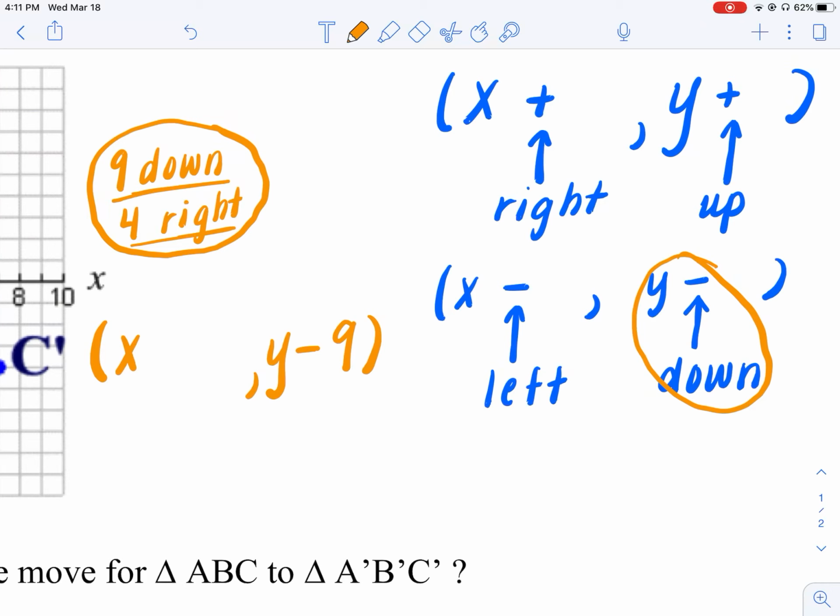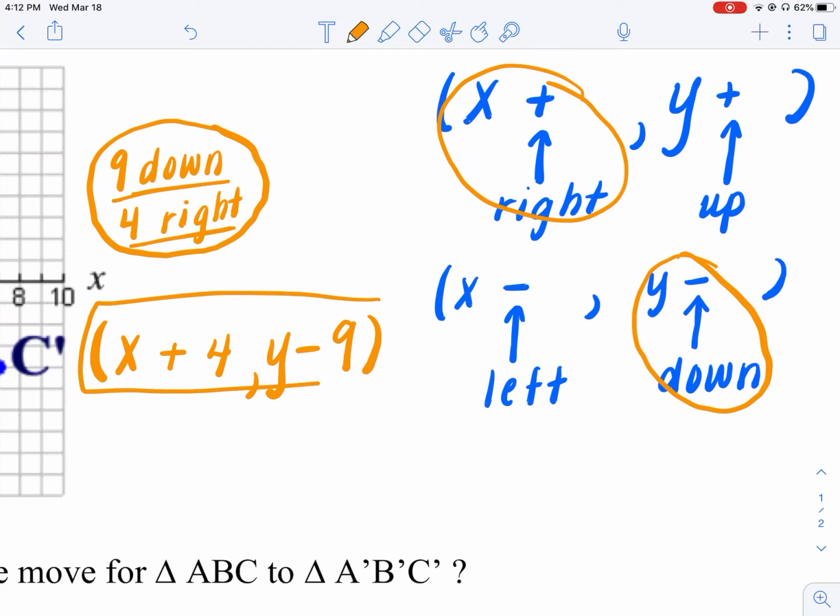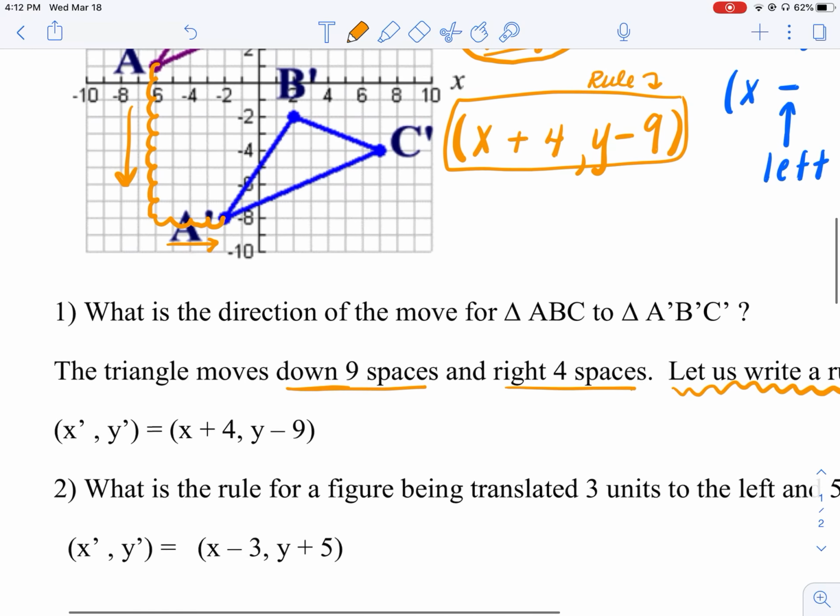Then it shows to the right 4. To the right means you're going to put x plus. So x plus. How many times did it go to the right? 4. And you just wrote your rule. This is how you write a rule. And it shows that here in your printed notes. See? x plus 4, y minus 9.